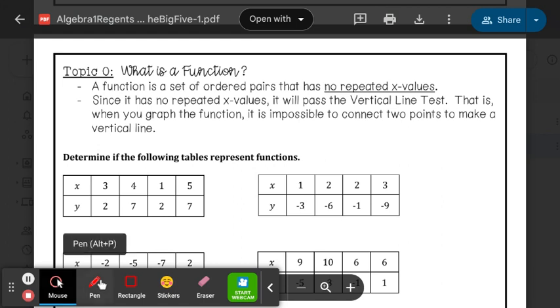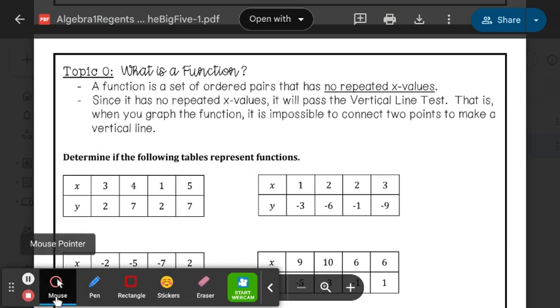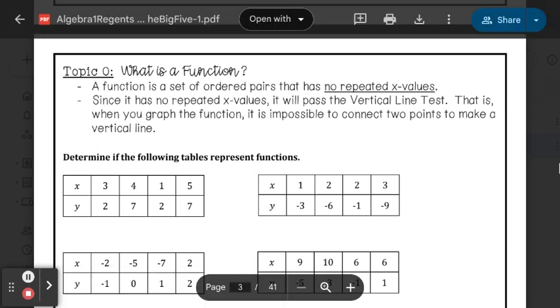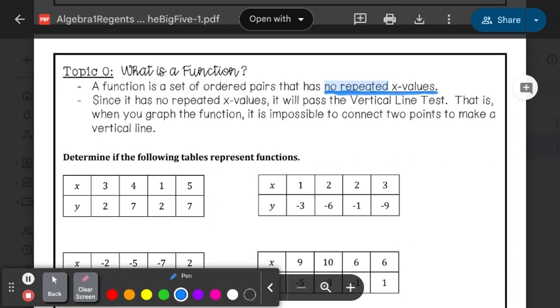So let's get started. I'm going to do blue. So this first section is going over what is a function. Most of what we do in algebra is function. There's a couple of rules. The first one is you can't have any x values repeat.